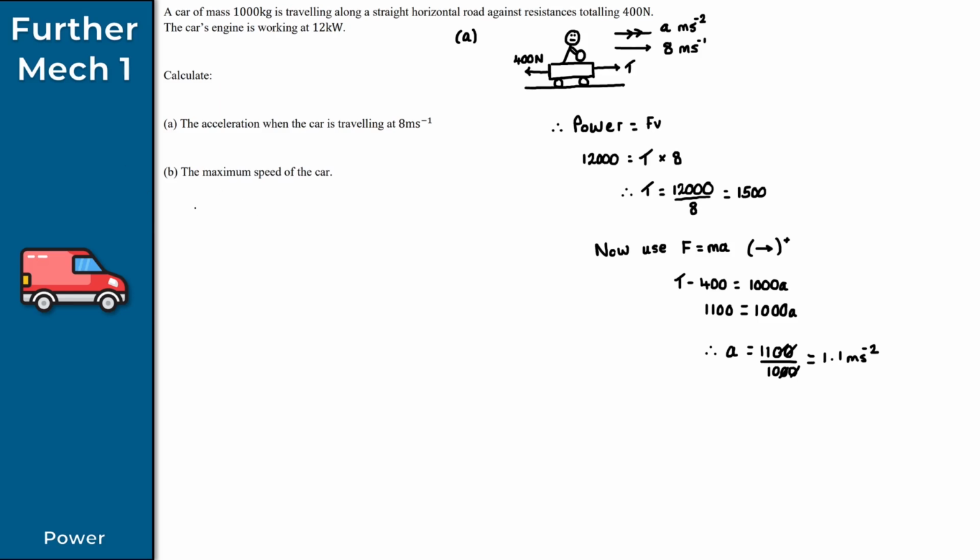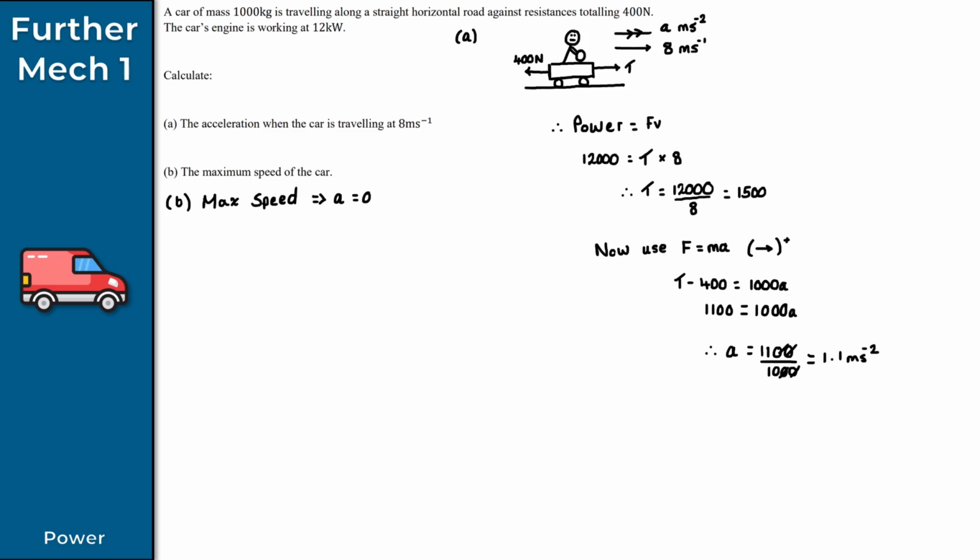And now for part B of this question here, what we want to do is find the maximum speed of the car. So for the max speed here, this is when the acceleration A is equal to 0. Okay.